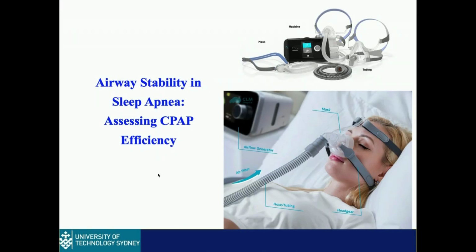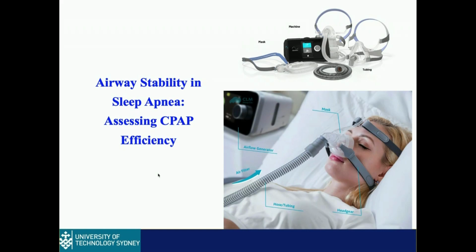But this machine has a lot of concerns. For CPAP, they use continuous positive airway pressure. That means they continuously pressurize the air through your nose or through the mouth.